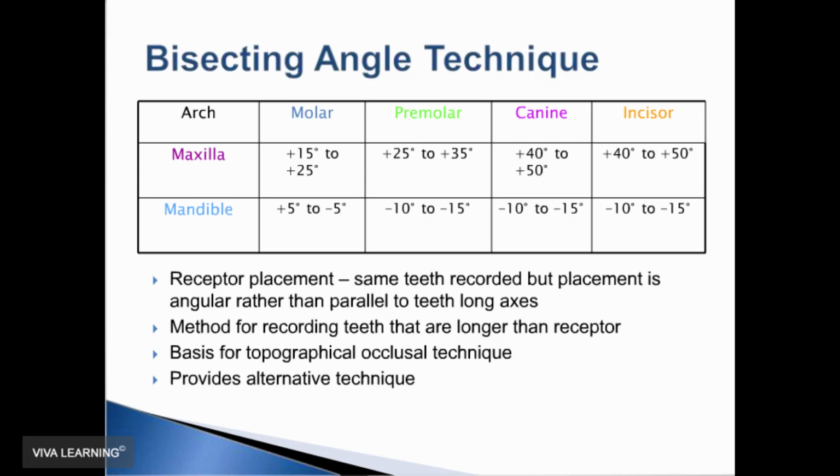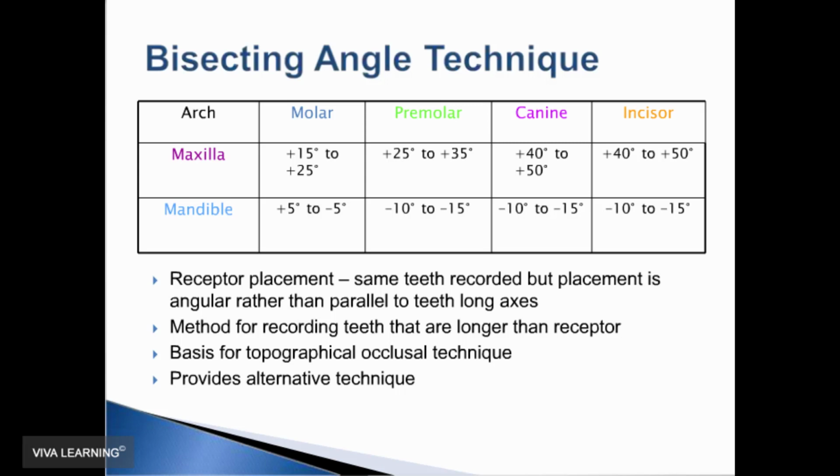And on the mandible, the angulations are not quite as obtuse as in the maxilla, and the range is less, ranging from +5 in the molar area to slightly negative, -10 to 15 in the premolar canine and incisor area.